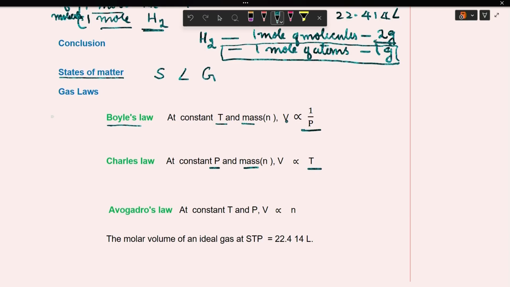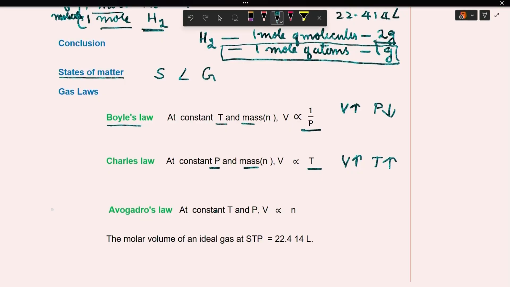Hope the point is clear. Inverse proportional means when volume increases, pressure should decrease. In this case it is direct proportional, meaning if volume increases, temperature also has to increase, or in the reverse case, when temperature increases, volume naturally increases.